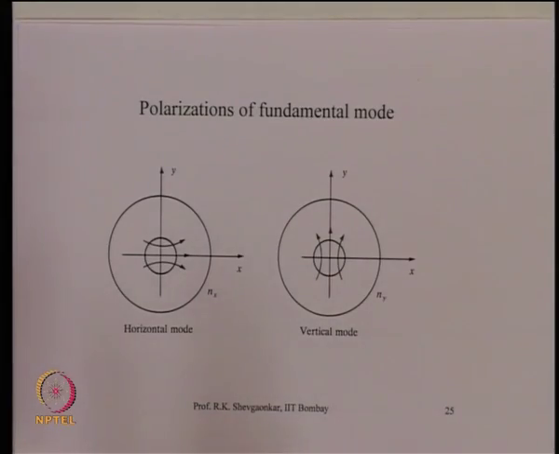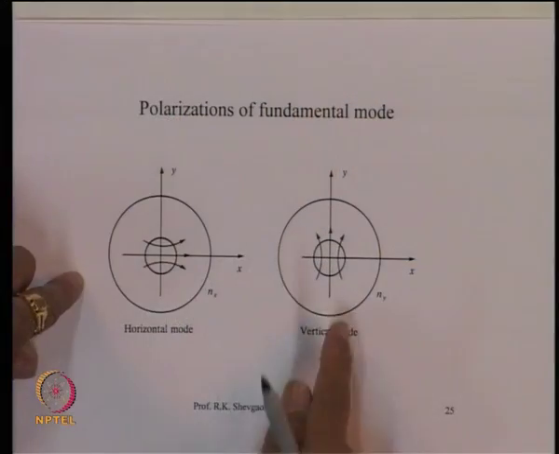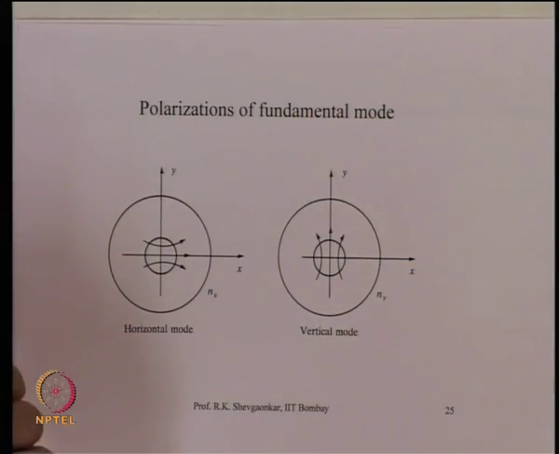If the fiber was not perfectly circular, then the two modes will not propagate with the same phase constant, and it will have some effect on the performance of the data rate. But at the moment we should simply note that when we say LP01 mode, we essentially are referring to two modes which are having orthogonal polarization, which is horizontal or vertical, or any two orientations which are perpendicular to each other.